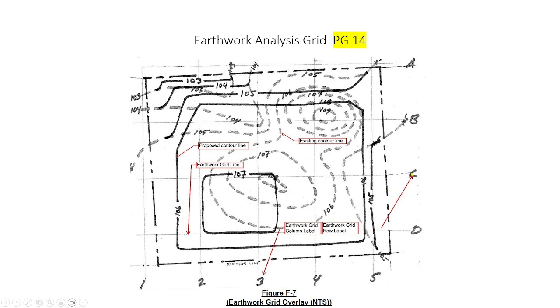So if you look at C here and you go out to the left, I'm hoping you can follow that, and you get to this intersection right here, and there's a 4 down here, and there's a C here. So this point would be called node C4. Okay, we got that. That's how to read this grid. This location right here at the intersection is C4. Now, look up here. We want to define this square right here.